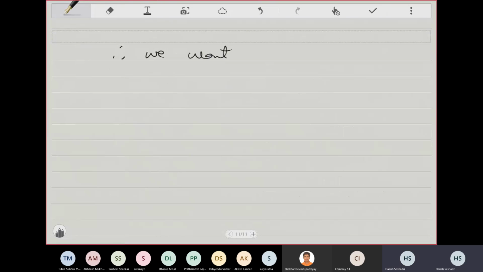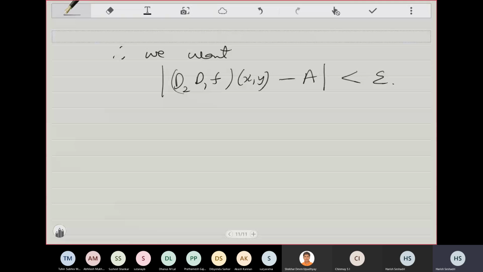If I plug this expression back in the original one, we want d2 d1f at xy minus a less than epsilon. And remember that a was by definition d2 d1f at ab.